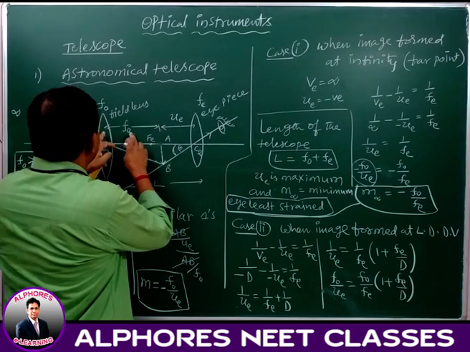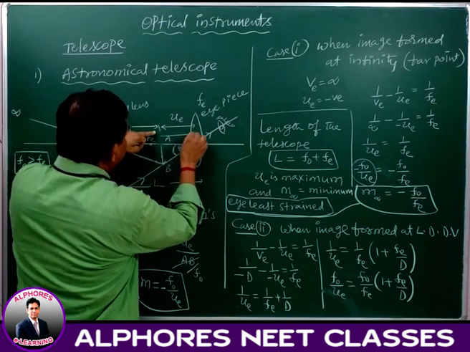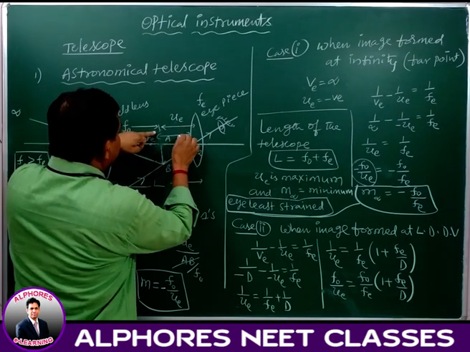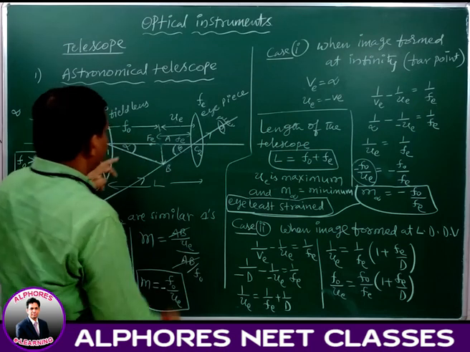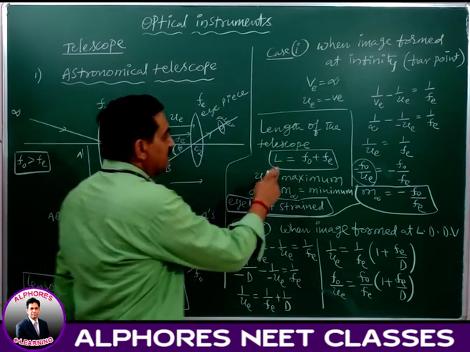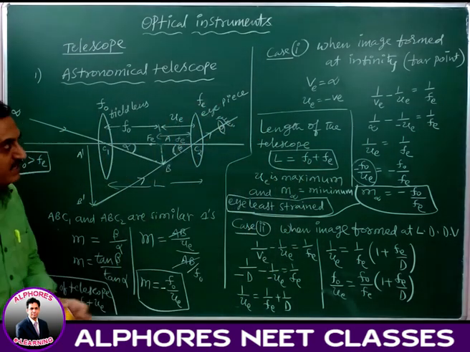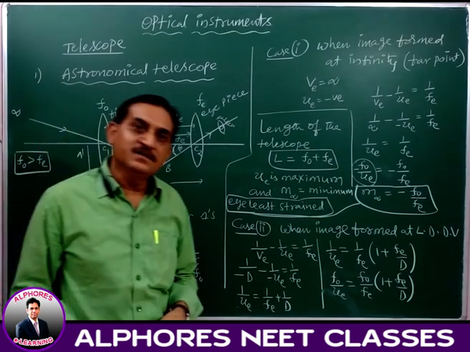Therefore, instead of UE, it becomes FE. So the length of the telescope is F naught plus FE whenever the image is formed at infinity.